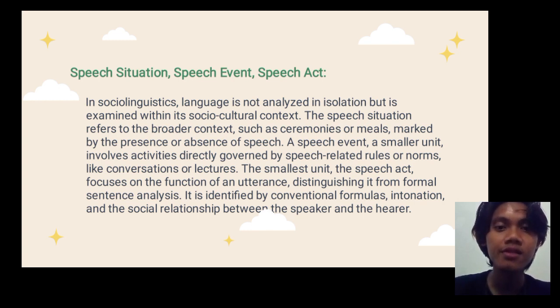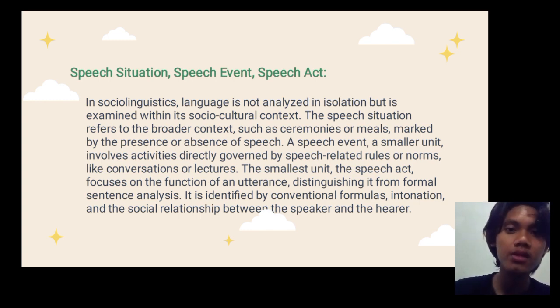Speech situation, speech event, and speech act. In sociolinguistics, language is not analyzed in isolation, but is examined within its socio-cultural context.